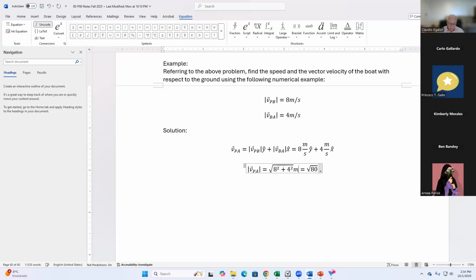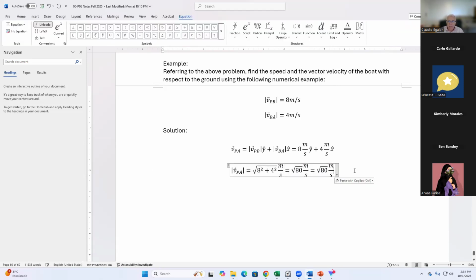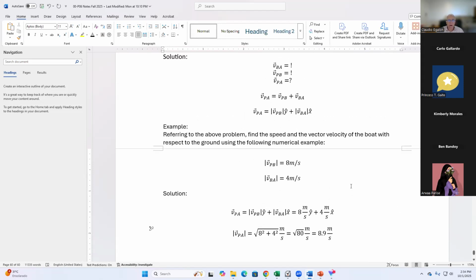And don't forget the meters per second. It's 8.9, almost 9, approximately 8.9 meters per second. And what's going to be the direction of the velocity vector, right?